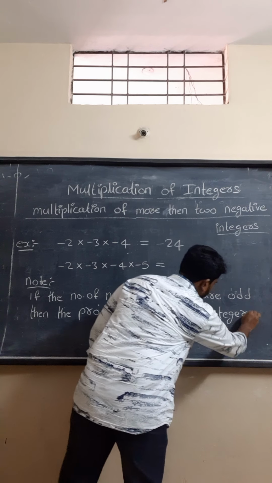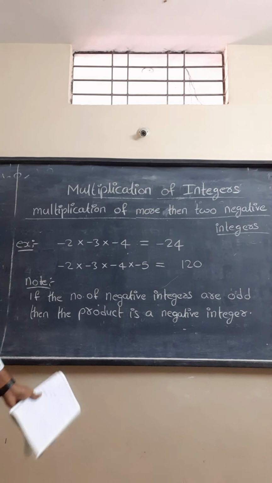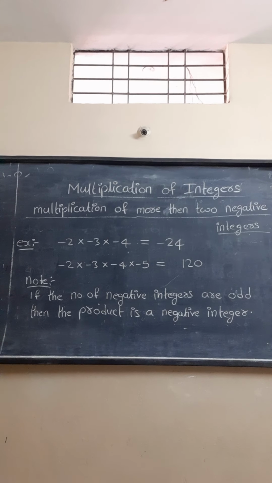Okay. Copy it fast. If the number of negative integers are odd, then the product is a negative integer.